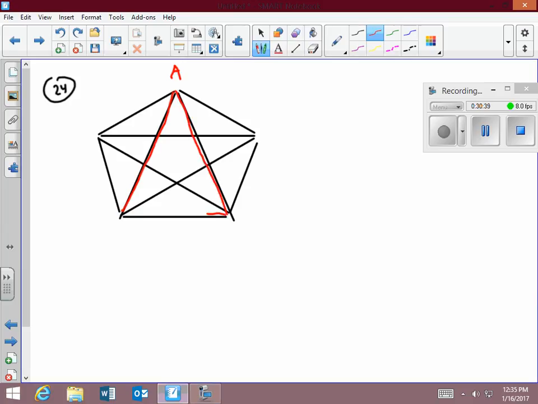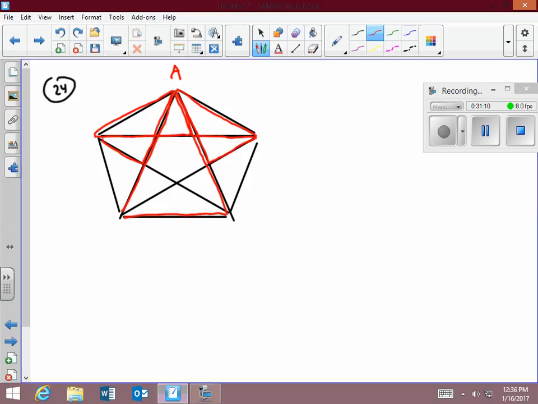So you go 1, and then you could go 2, and you could go 3, and then you could go down here for 4. And then you could go 5, and then 6.